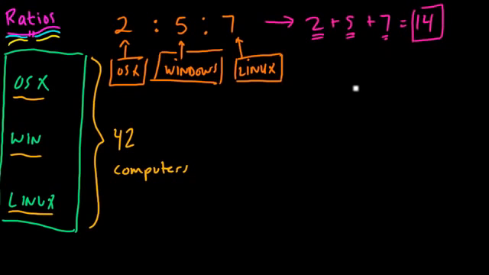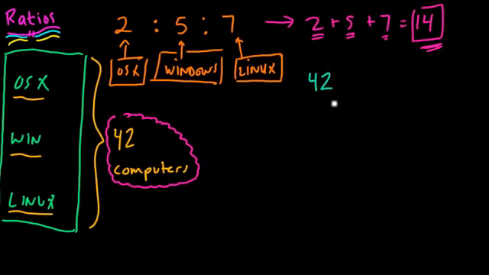So the basic sense you have to get with ratios is that your goal is to figure out how many times groups of 14 fit into the total number of computers in the room, all 42. Because that will help us figure out the number of each computer that are running these operating systems. So the key here, of course, is division. 42, the total number, divided by 14, will tell me how many groups I have of this ratio.